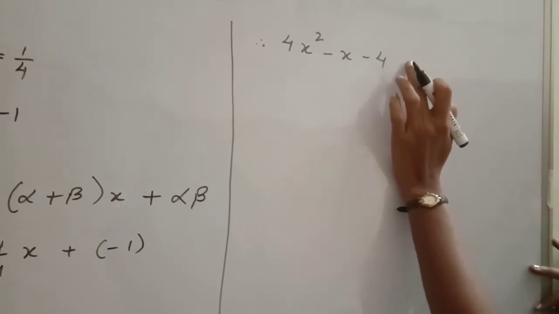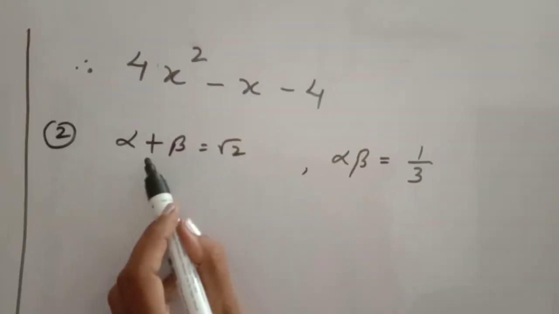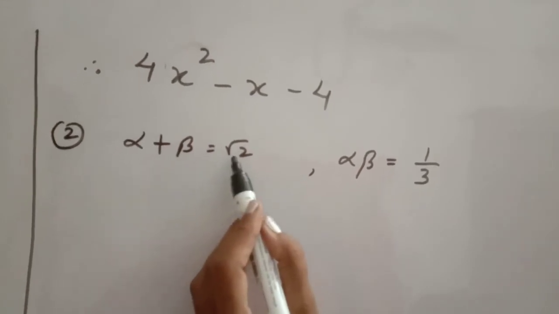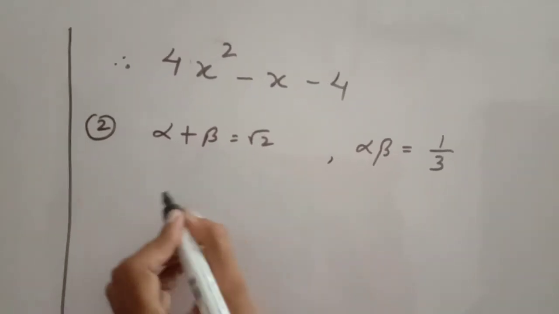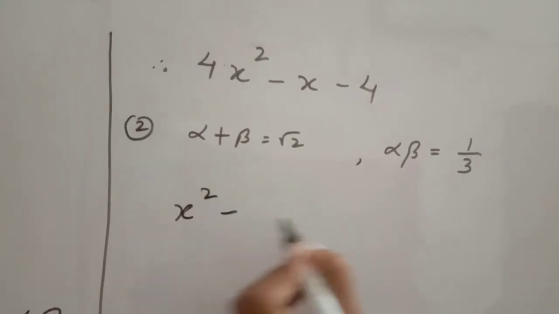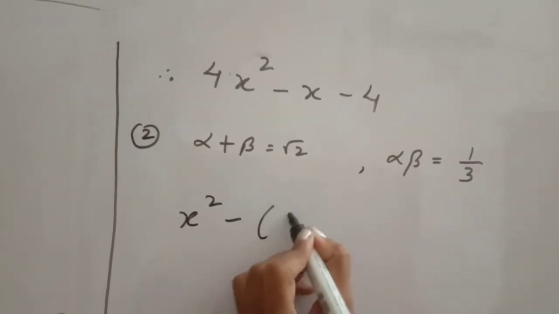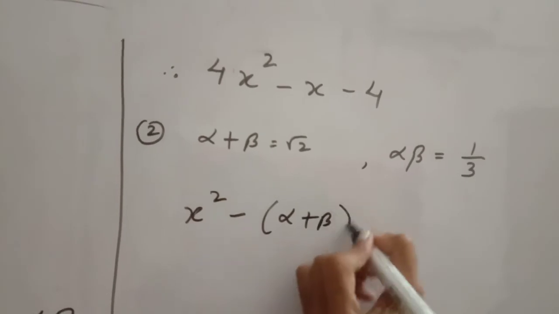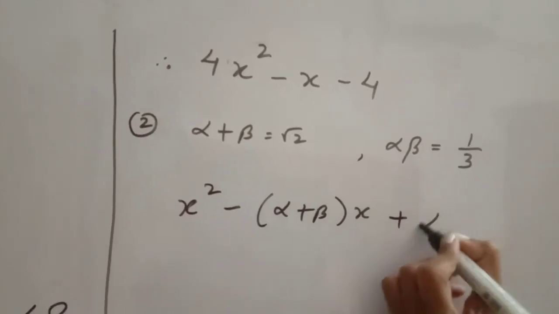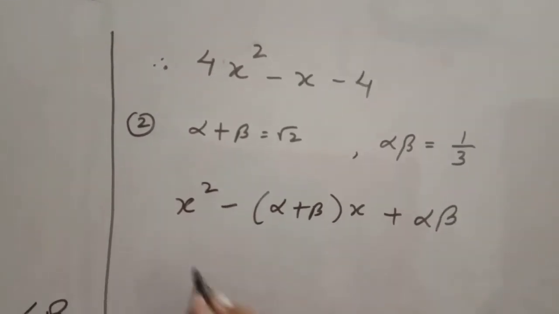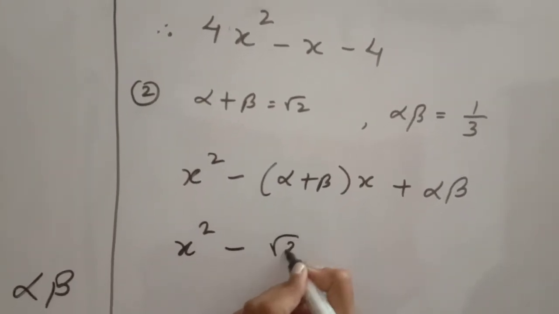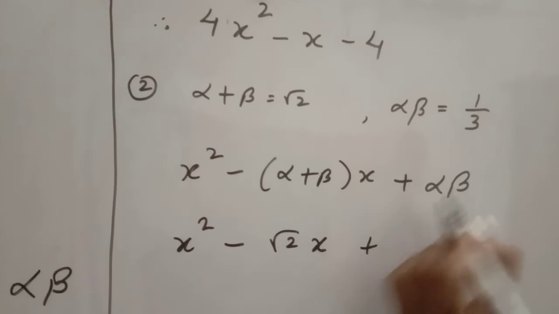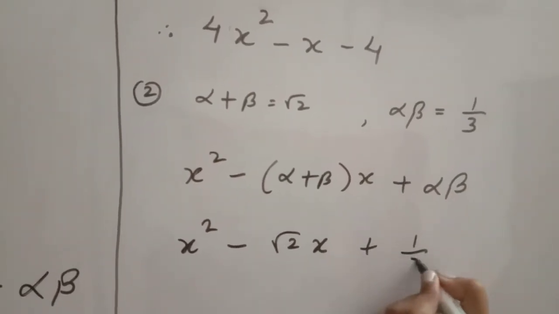Let's see one more question. Second, alpha plus beta equal to root 2 and alpha into beta is 1 by 3. Okay, so I will write the standard form of it, that is x square minus (alpha plus beta) x plus alpha into beta. So x square minus, what is alpha plus beta? Root 2 x plus, what is alpha into beta given to me? 1 by 3.